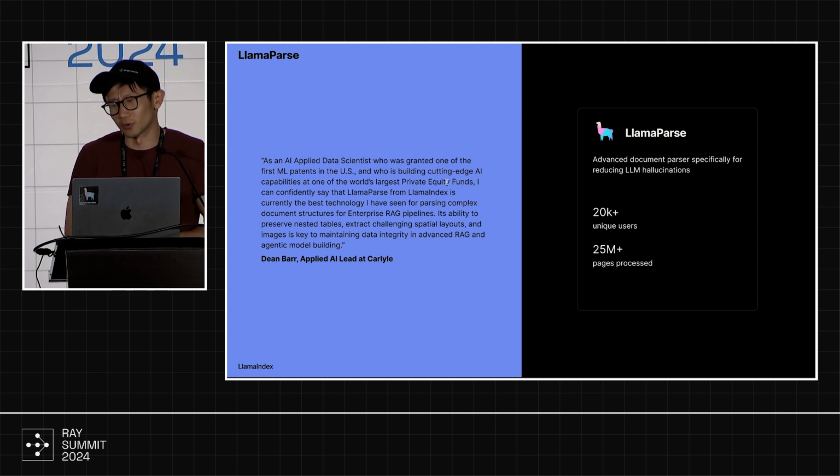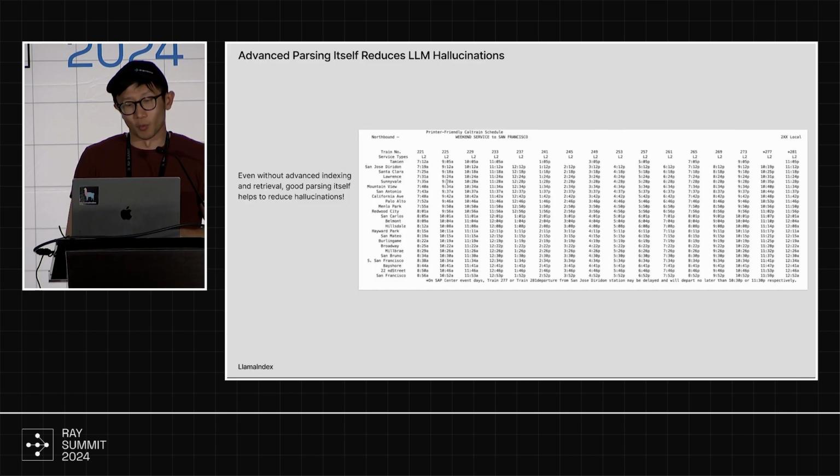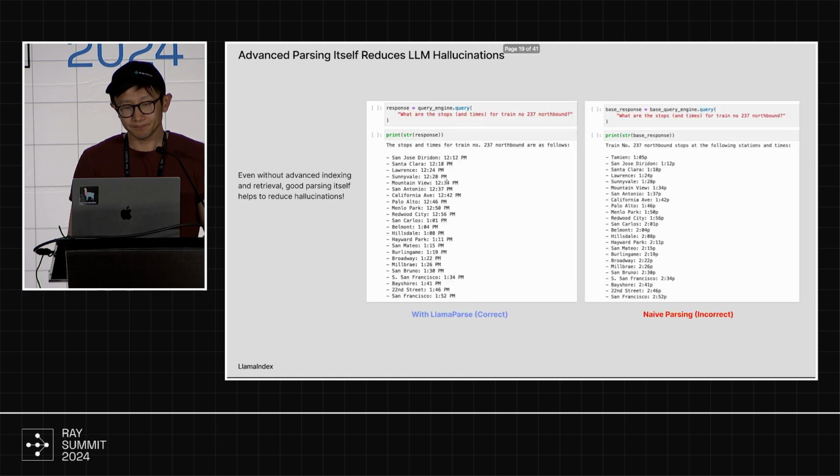We support dozens of different document types with a lot of these complex elements and structuring them the right way. So good parsing itself is one of the main ingredients for your LLM application. Even without any sort of advanced indexing or retrieval, having good parsing will help to reduce hallucinations in your application.